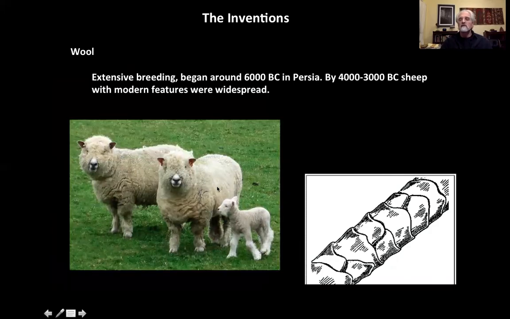So now you see we've lost the hairy outer coat. We have now a thick wool with a long fiber. And because of the microscopic structure of the fiber, they can stick together. And that's, of course, the basis of felting and spinning and the production of yarn or string from wool.